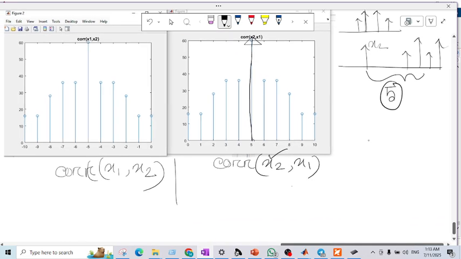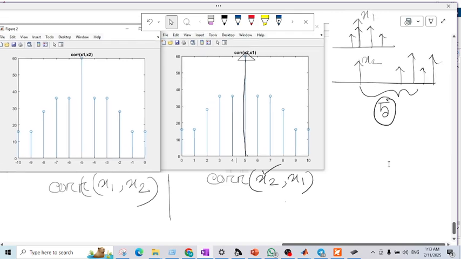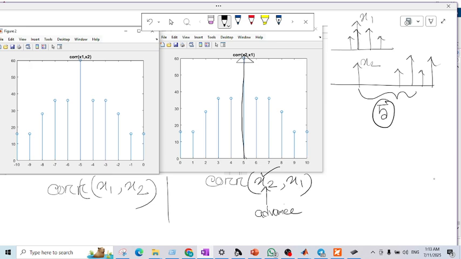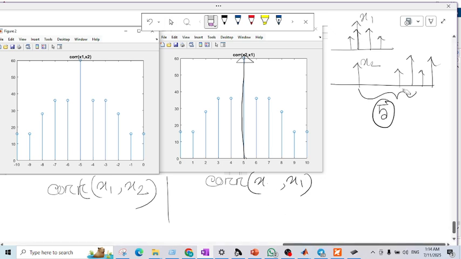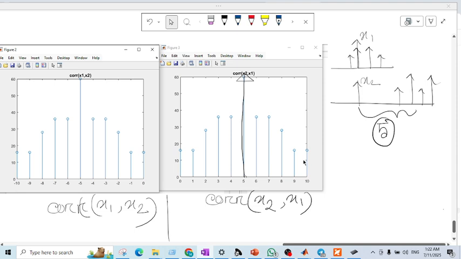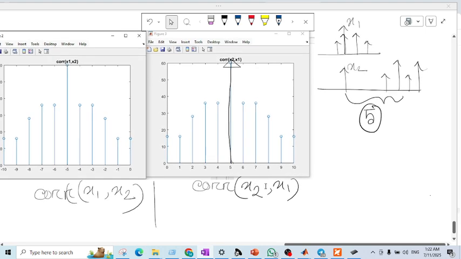Similarly, if you correlate these two signals, then we can assume that x2 is advanced. Oh sorry, what I have told you. Wait one minute. Let me correct myself. So we have to assume that for the correlation x2, x1.